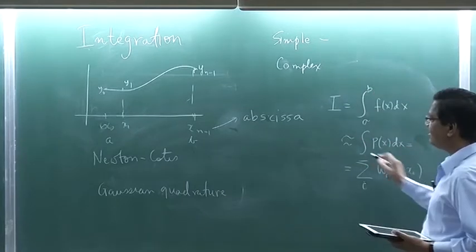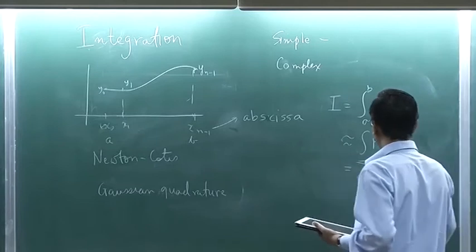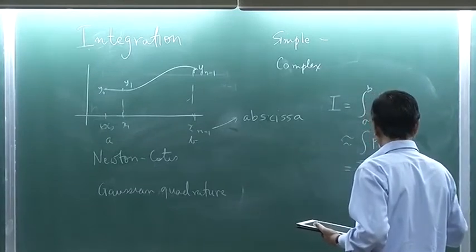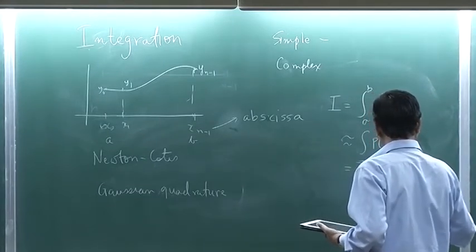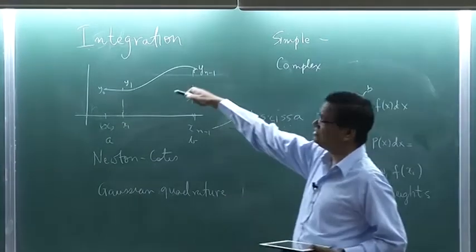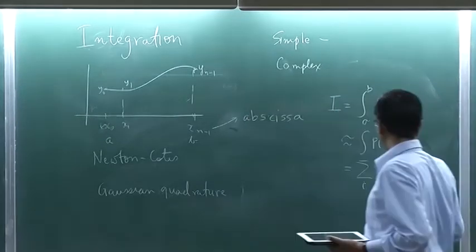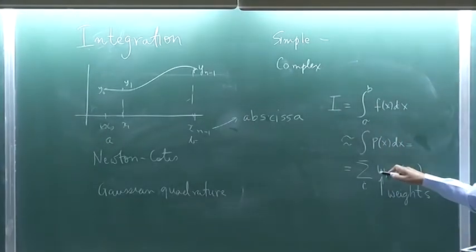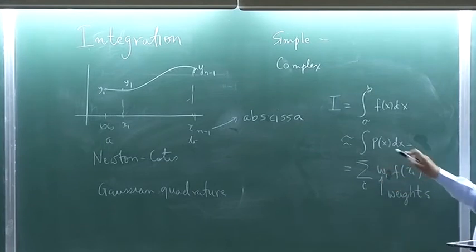So these xi's are abscissas and these wi's are called weights. So this function is known to me, these are all yi's, and I just multiply by wi, and then I get the integral. So of course our objective is to compute wi's.